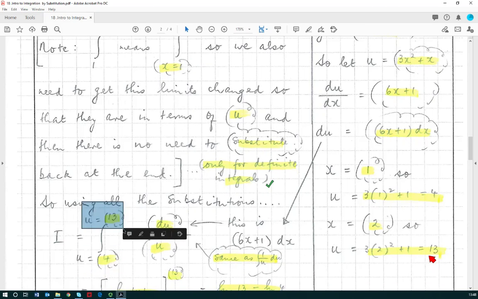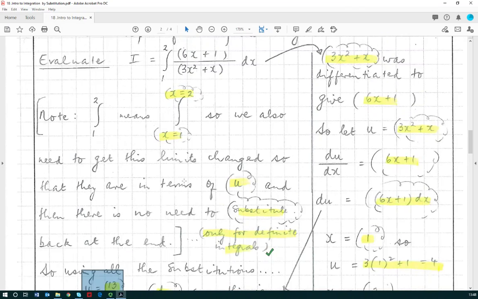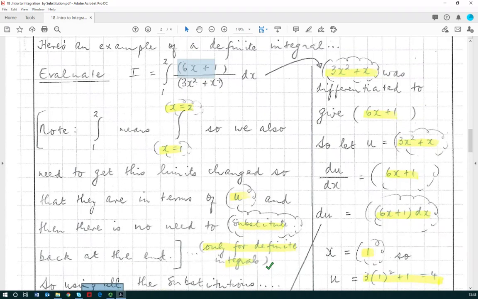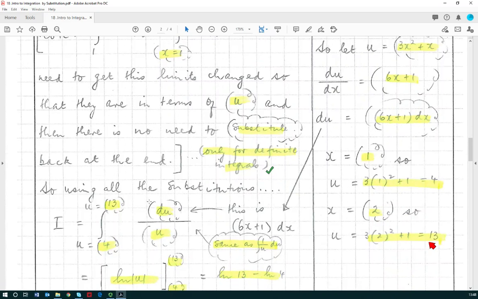And let's take a look up top here. The (6x plus 1) dx will become du, and there's the (6x plus 1) dx replaced by du. And then u is on the bottom. So this du over u is exactly the same as the integral of 1 upon u du.